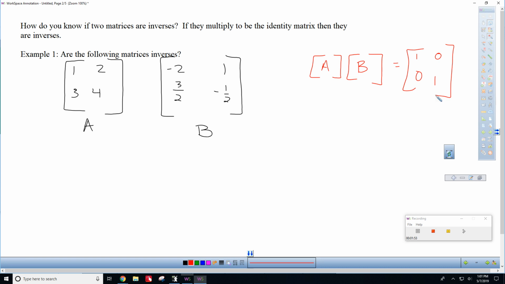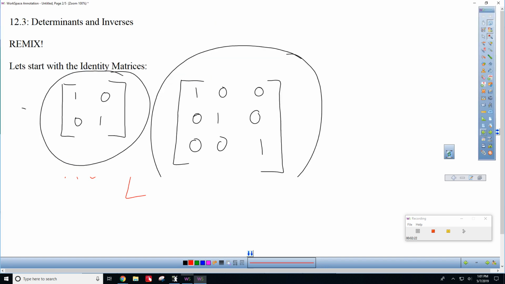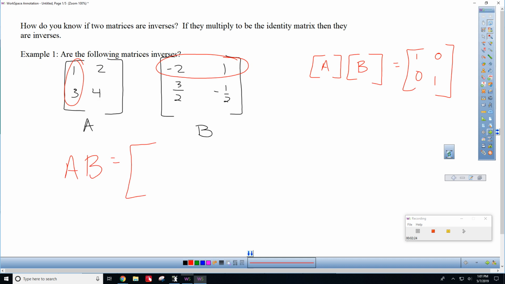But here we'll just do it by hand, row by column. So AB is equal to, okay, row by column, excuse me. That row by that column.